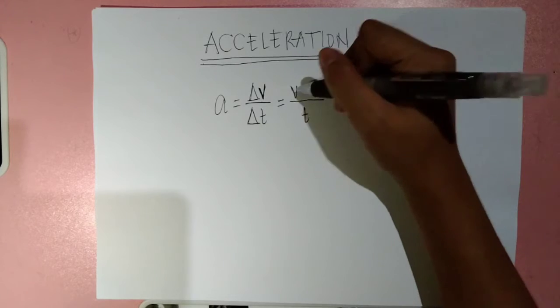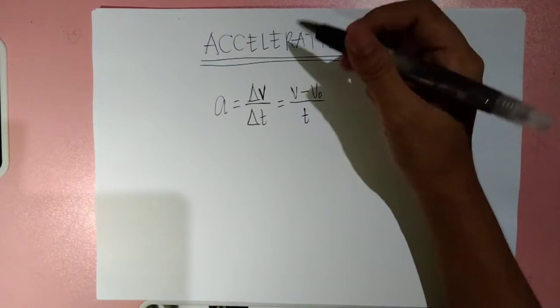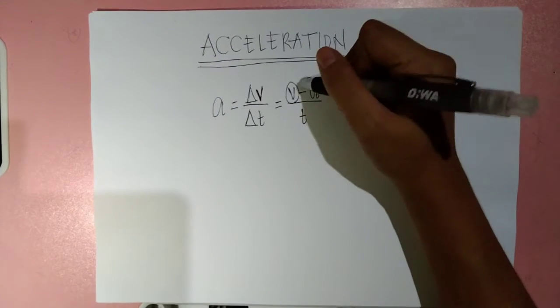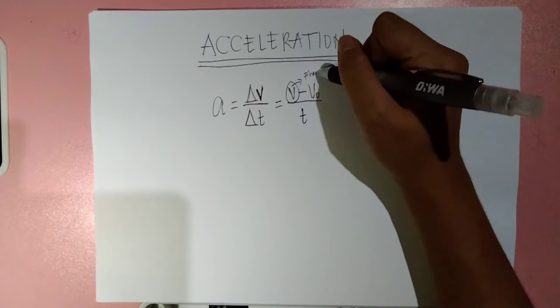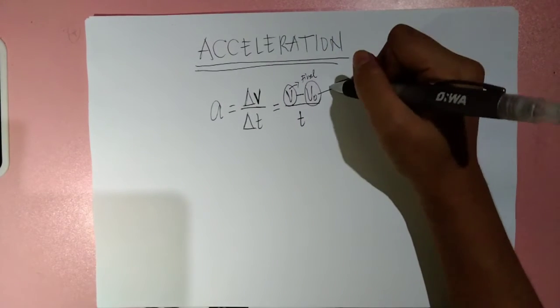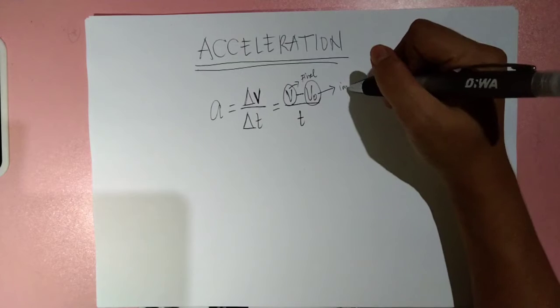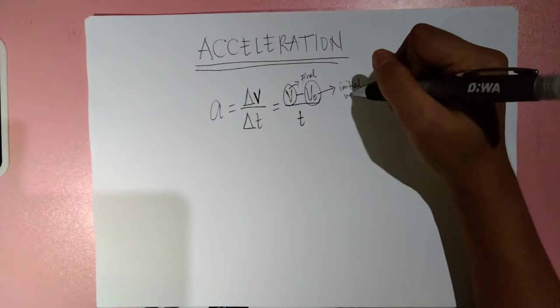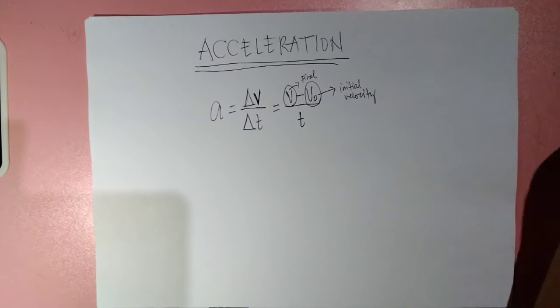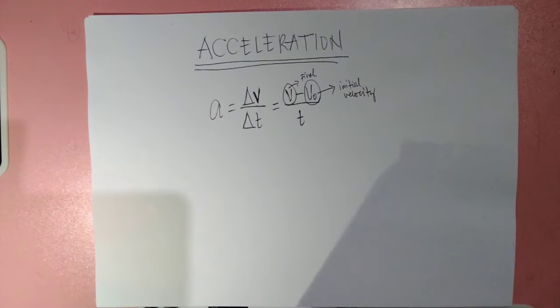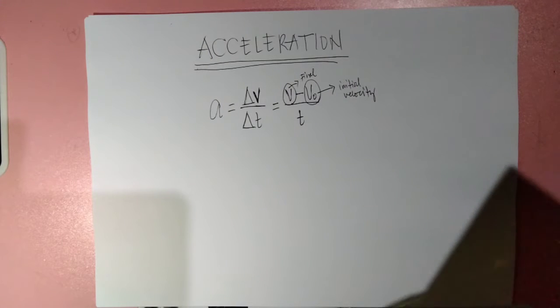So v here is the final velocity, v sub 0 is the initial velocity.